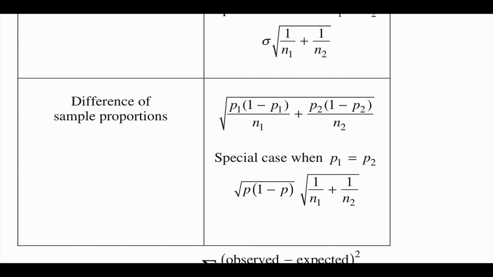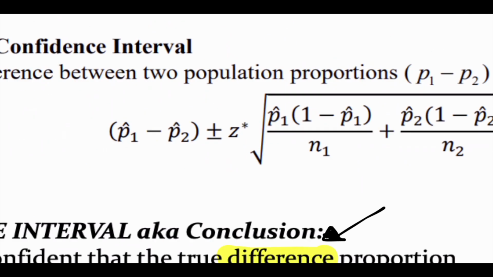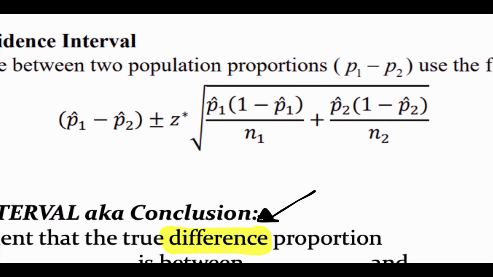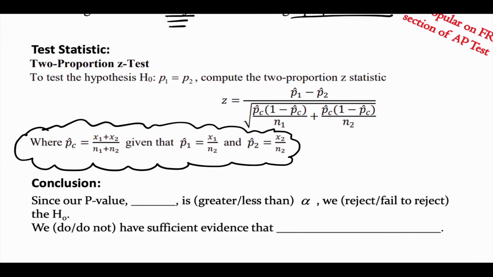So that one is the same. What do we do on top? We just subtract, right? Just like we did yesterday. We do the same thing for the z-score. We just subtract on top, standard deviation formulas on the bottom.